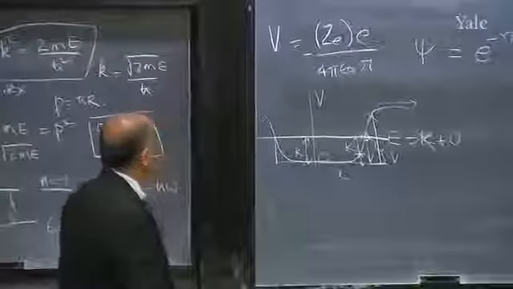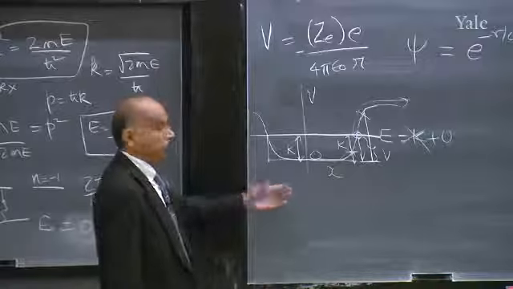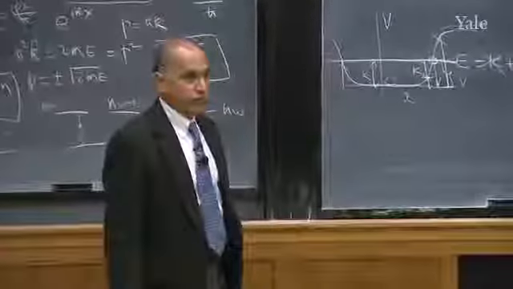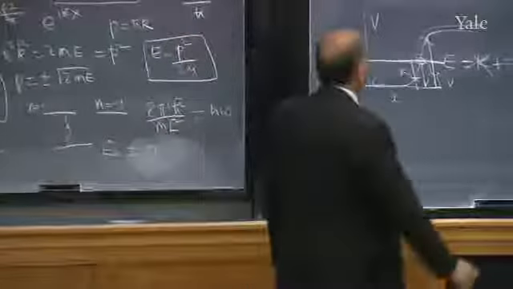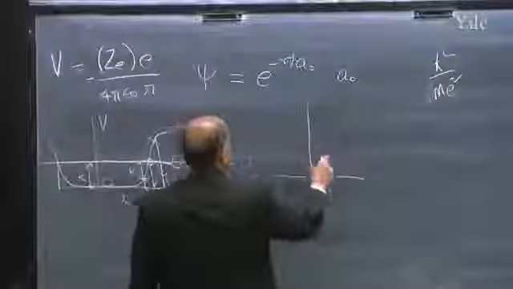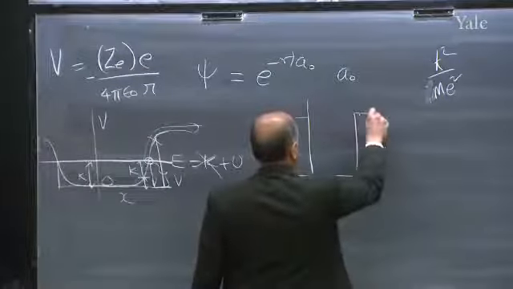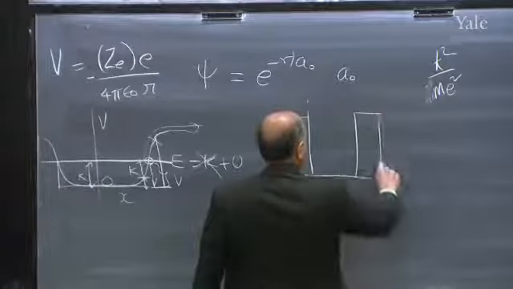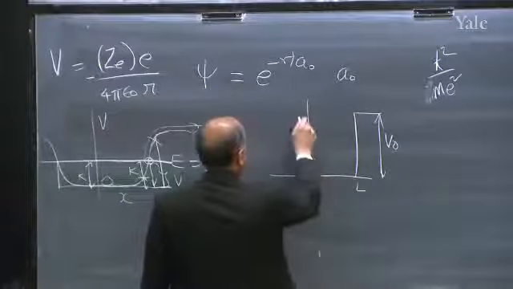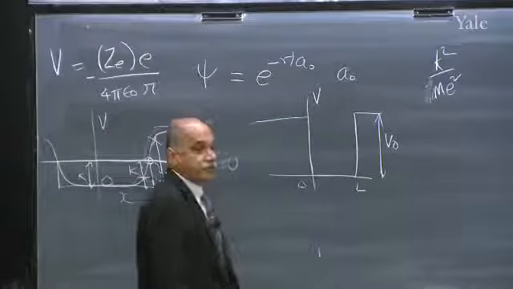That's classical mechanics. Now we want to ask ourselves, in quantum mechanics, what does the particle do? That's our goal. So I'm going to take the following simpler problem because it's mathematically easier. I'm going to take a potential that looks like this. It is V0 to the right of L, V0 to the left of the origin, and it is 0 here.